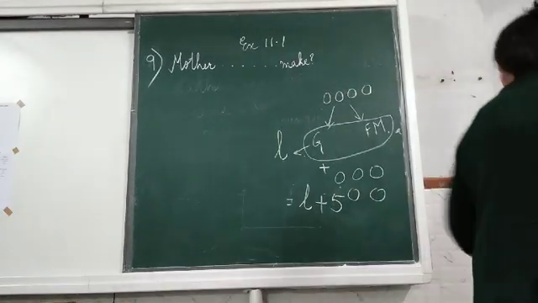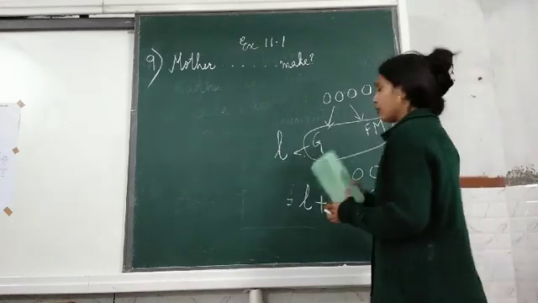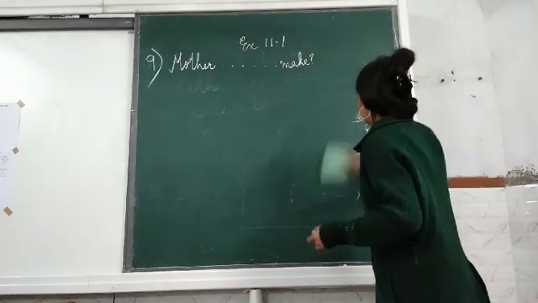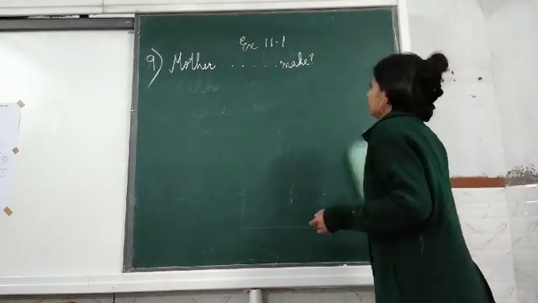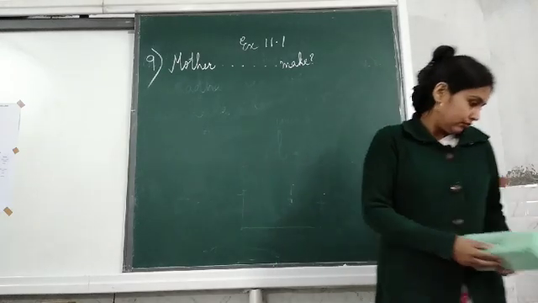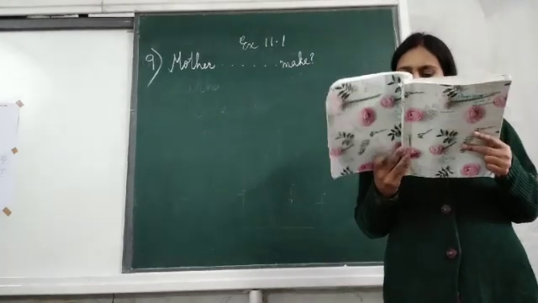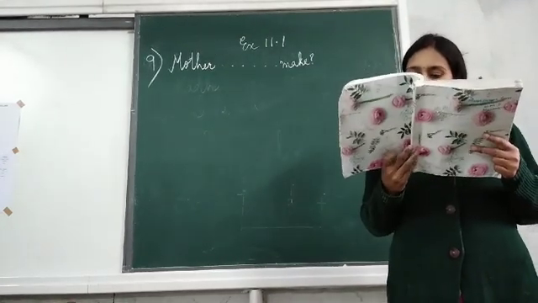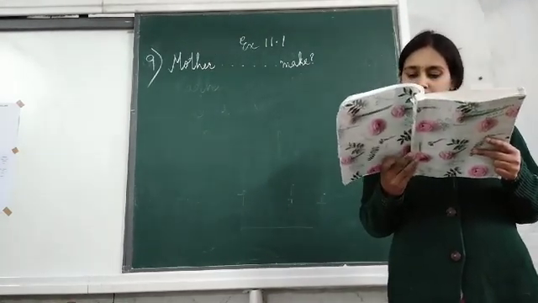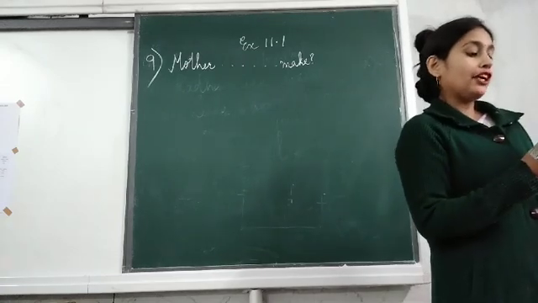So this is the rough work of your question. Now we will start. Let me read the question, children. Mother gives. So if the number of laddus, what is given?